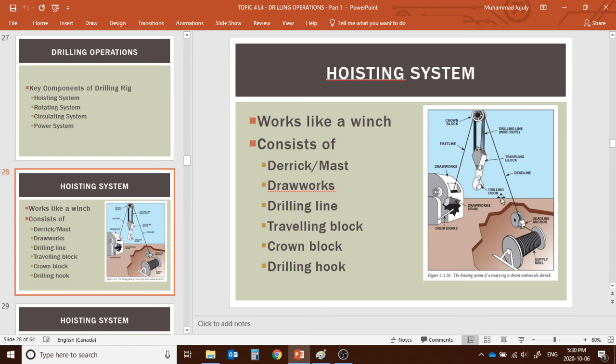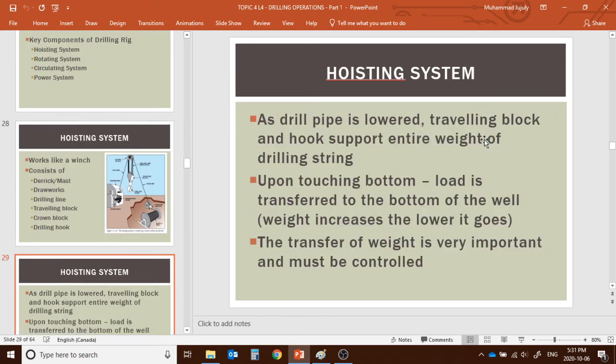When it releases and pushes the cable, the hook, which connects with the Kelly, goes up and down. We'll see at a later slide what component connects with the hook. That's how the hoisting system works.